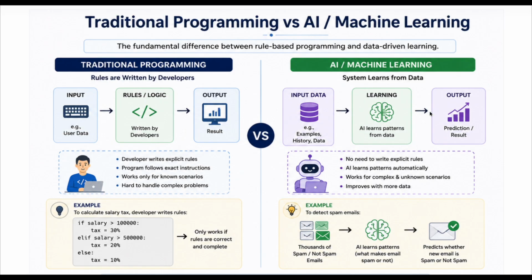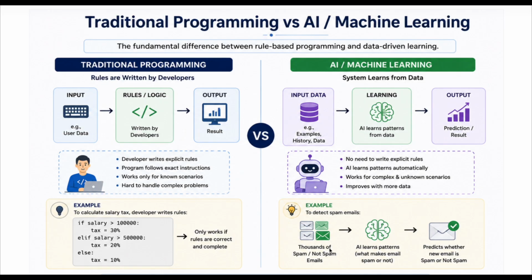Now, AI works differently. Instead of manually writing every rule, we give the system large amounts of data. The AI learns patterns from that data. For example, instead of manually defining spam email rules, we train the AI using thousands of spam emails, thousands of normal emails.